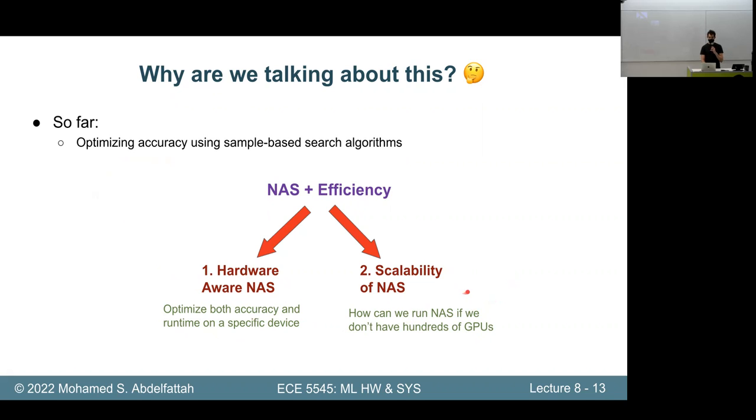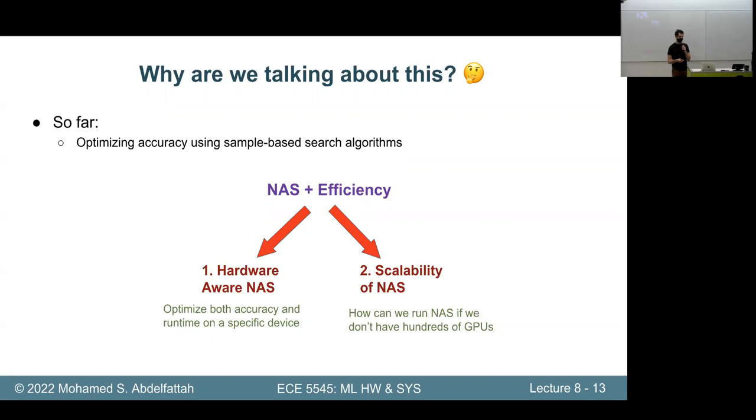And then the second, more subtle point is the scalability of NAS. While we won't talk about specific hardware systems to scale NAS, we will talk about different approaches that people have successfully used to shrink those 800 GPUs down to a few minutes in some cases.